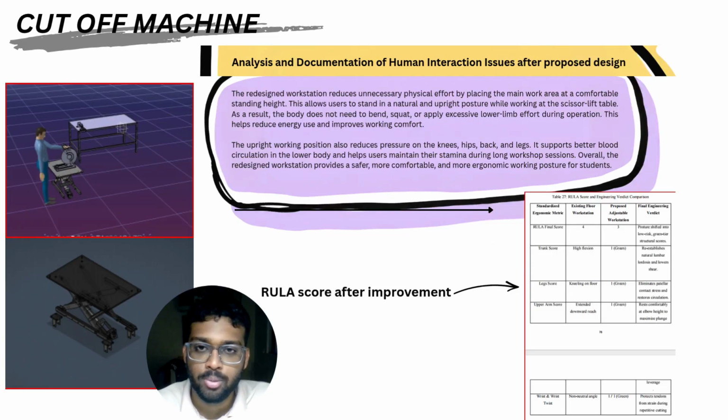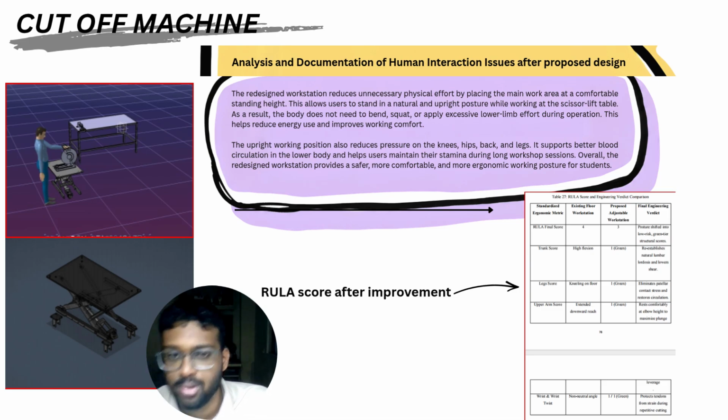For the proposed design, the cut-off machine is placed on a hydraulic jacking table. The purpose of this table is to raise the machine from floor level to a more suitable working height. Since the table is hydraulically operated, the height can be adjusted depending on the user's comfort and the type of work being performed.